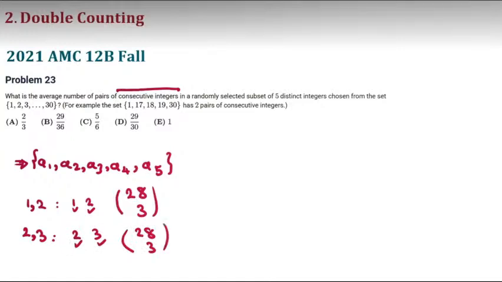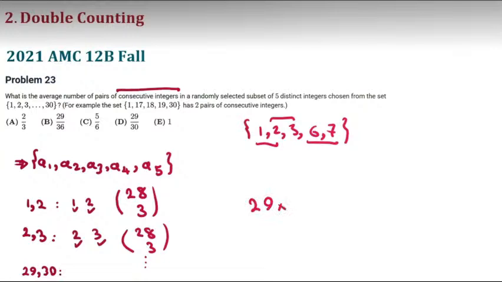It's okay. Because, for example, if you have 1, 2, 3, 6, 7, you should count it 2 times, because it has 2 pairs, as the problem says. So we calculate all of them, up to 29, 30. How many consecutive pairs are there? 29. And each of them is in 28 choose 3 subsets. Because we want to find the average, we should divide by all subsets with 5 elements, so it will be 30 choose 5.